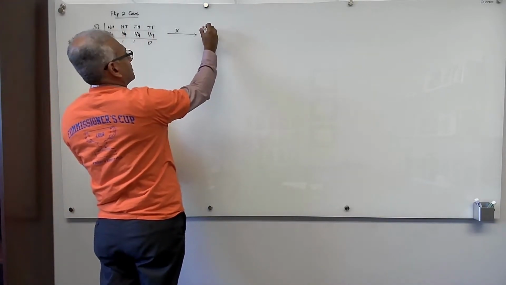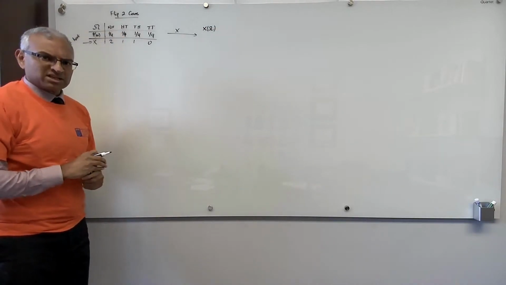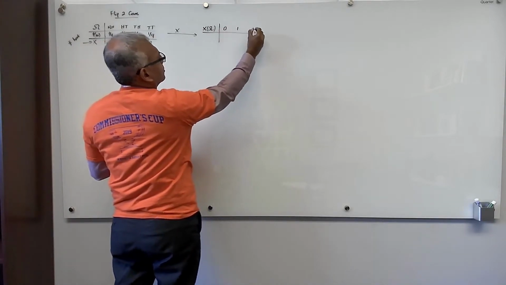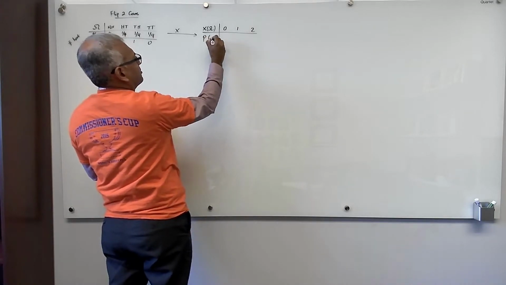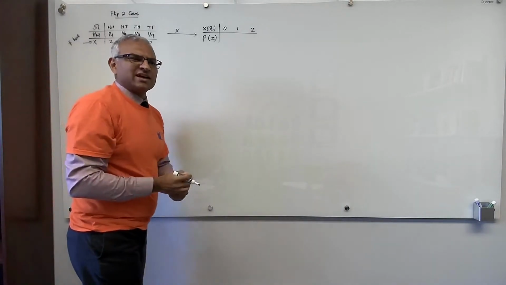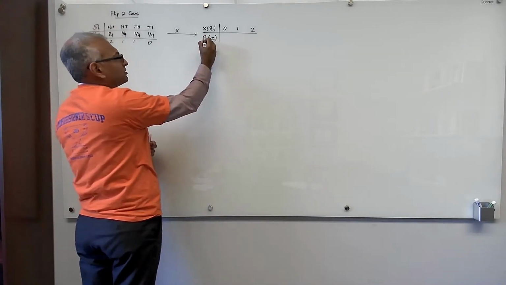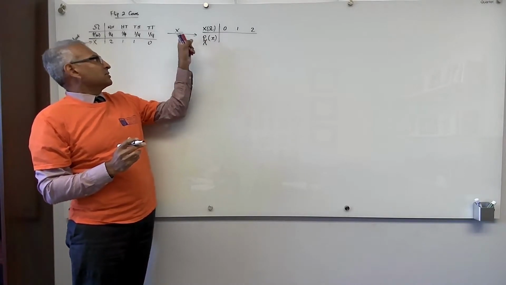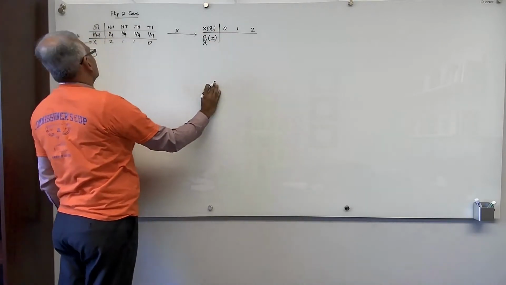So X of omega, the possible outcomes for the measurement of the number of heads, is either 0, 1, or 2. And the probabilities for each possible number of heads: if we want to be very precise and explicit about the random variable, this is the probability distribution function for the random variable X. It tells you the probability that the measurement is little x, where little x is 0, 1, or 2.